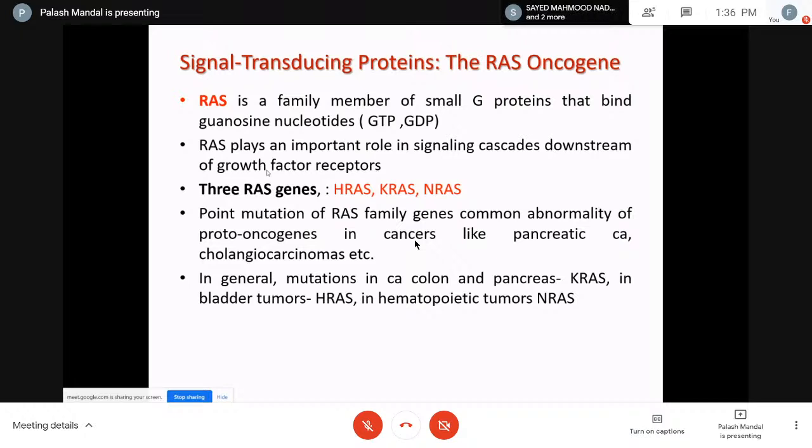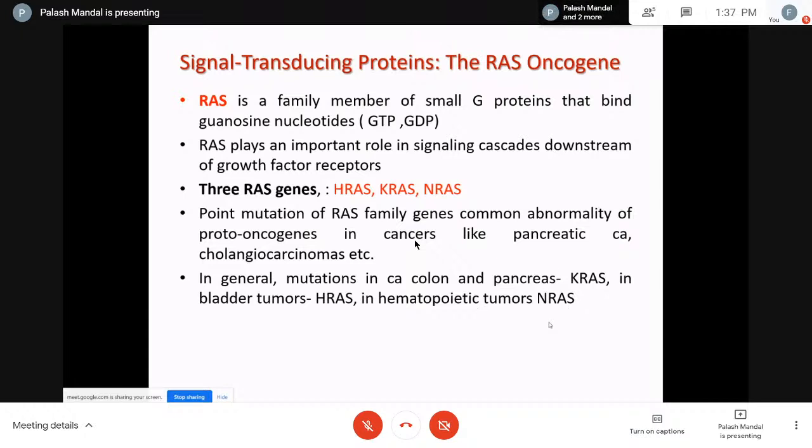Okay, now the mutations in KRAS lead to malignancies in CA colon and pancreas. Okay, mutations in HRAS lead to bladder tumors, whereas mutations in NRAS lead to hemopoietic tumors like leukemias. Okay, so leukemias and lymphomas, to be very specific, lymphomas.